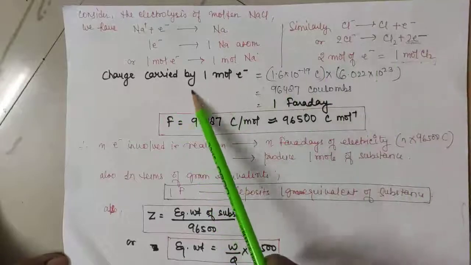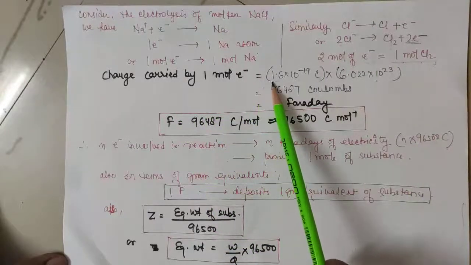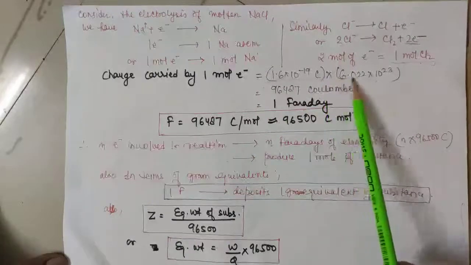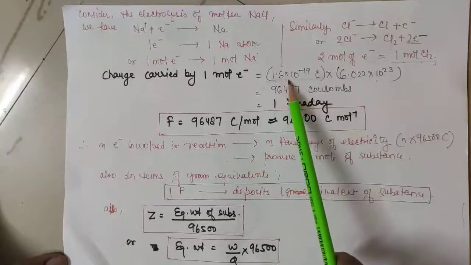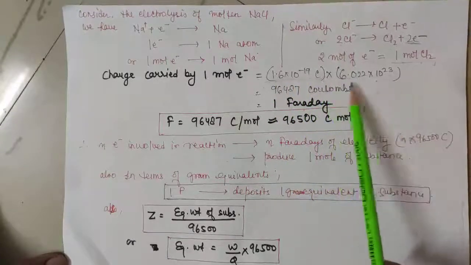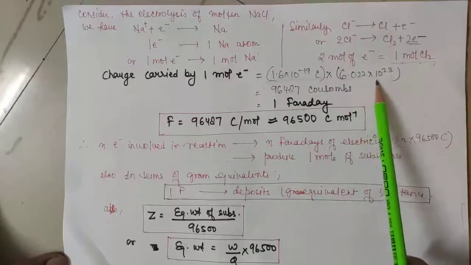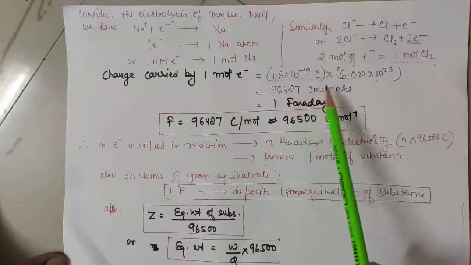Now the charge carried by 1 mole of electrons will be equal to the charge of an electron into Avogadro number. The charge of an electron is 1.6 into 10 to the power minus 19 coulomb, and Avogadro number is 6.022 into 10 to the power 23. This comes out to be 96487 coulombs.